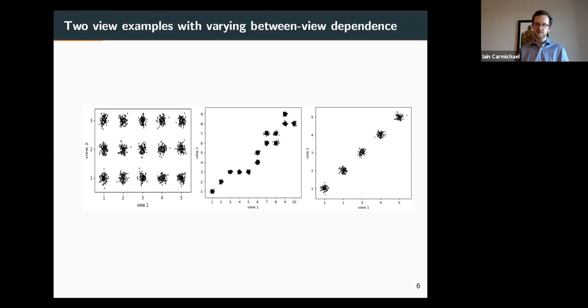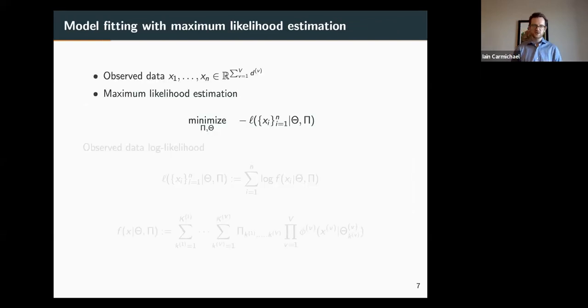This third example would be what those consensus clustering methods that I mentioned before would be targeting. But our focus is going to be on this middle example, where we think there's some kind of interesting dependence between the two views. Or in particular, there's some kind of joint information, but there's also some kind of individual, or view-specific, information.